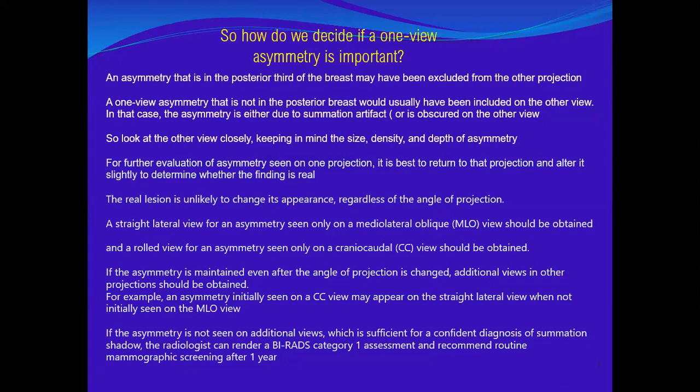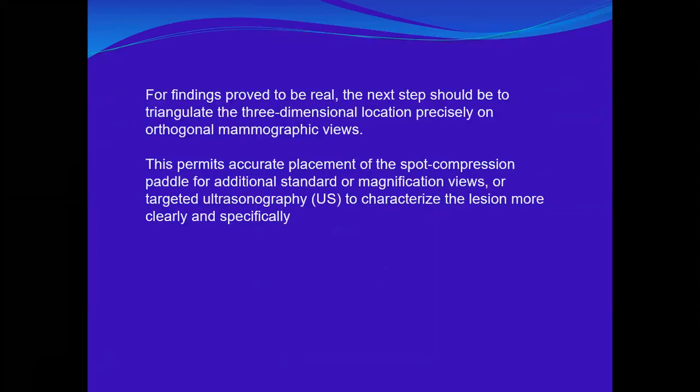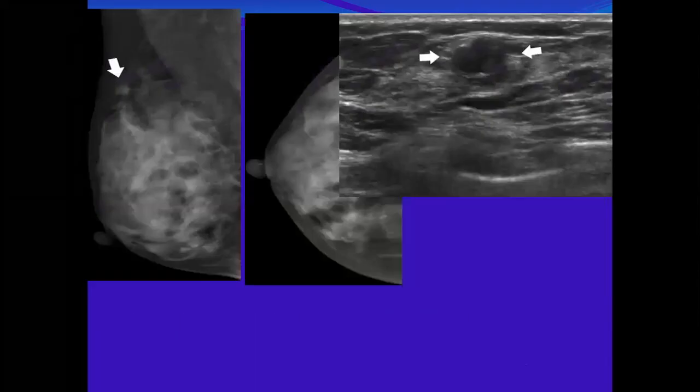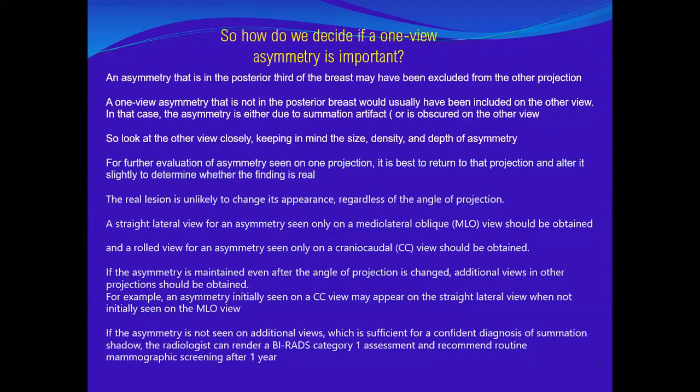Can I give a suggestion? Yes. Can we continue next week regarding these asymmetries? Because this is not like the mass, the asymmetry is a little bit not clear like in the case of the mass, to follow the descriptors for the mass.